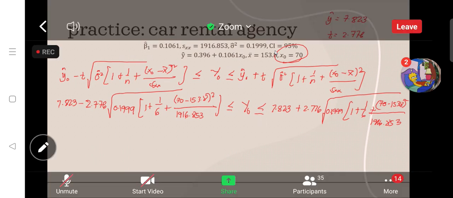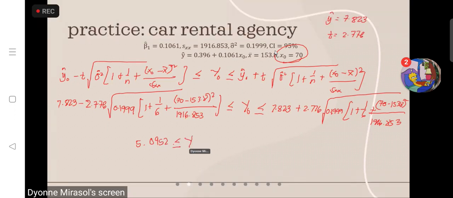Okay. Yes, miss. 5.0952 less than or equal to y0 less than or equal to 10.5508.